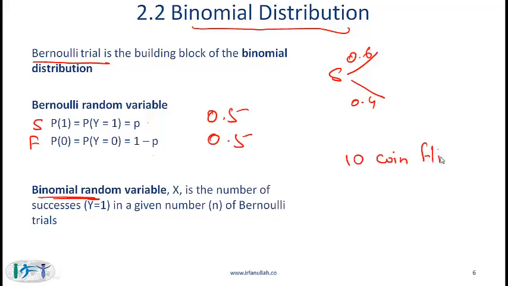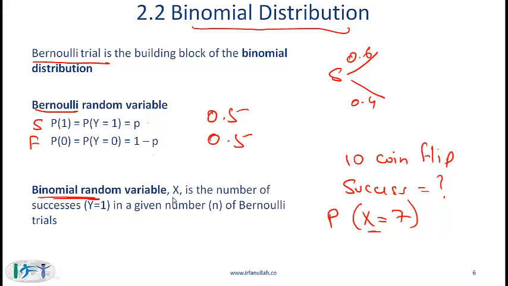Each coin flip is a Bernoulli. The question now is how many successes. Let's say heads means success. So how many successes will we have when we flip a coin 10 times? And if the question is asked, what is the probability that we will have 7 successes? The number of successes is the binomial random variable.